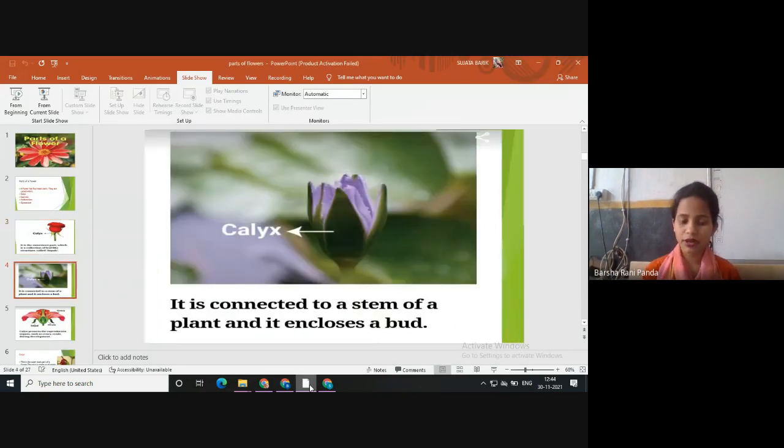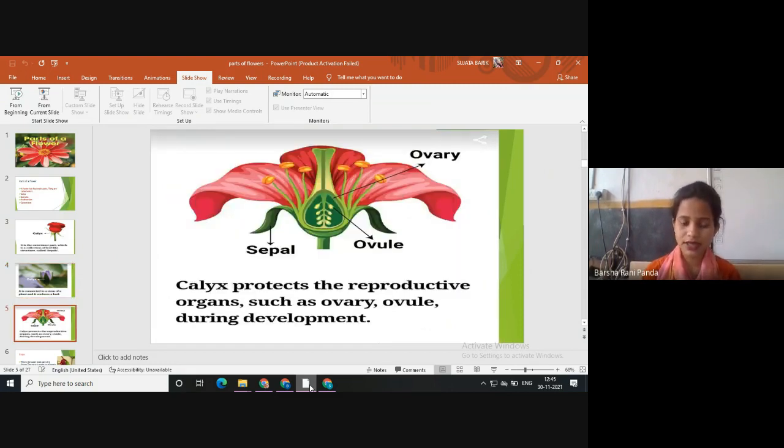So what is the work of the sepals or what is the work of a calyx? It is connected to the stem of the plant and it encloses the bud. And what is the work? The calyx protects the reproductive organs such as ovary and ovules during development.